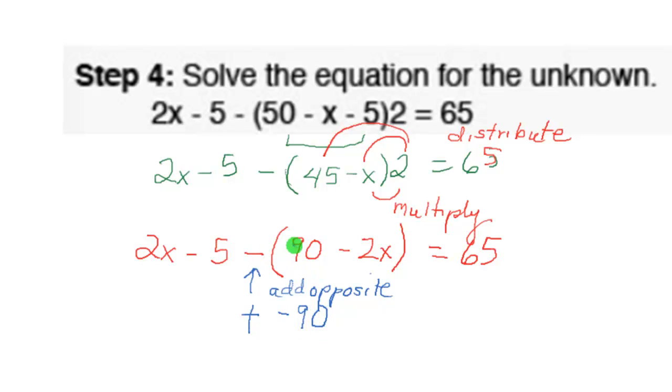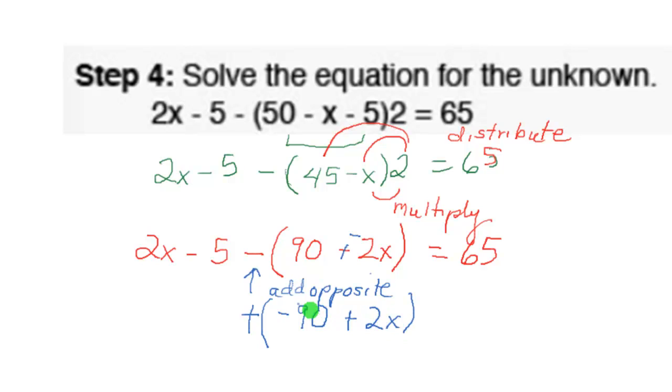So see how it started out positive. There's no sign in front of it. So now it becomes negative 90, the opposite. And then this negative 2x, because this subtraction sign can also be thought of as a negative 2, that negative 2x becomes its opposite, which is positive 2x.